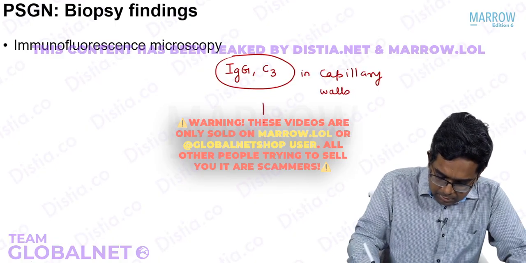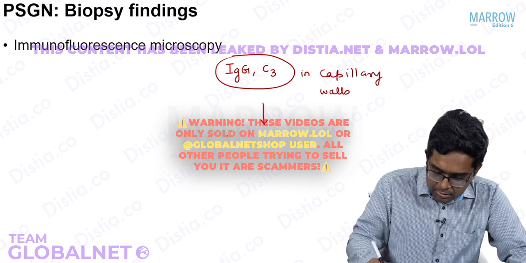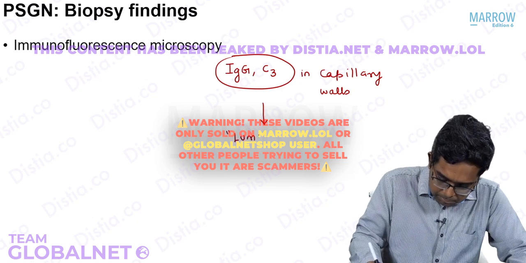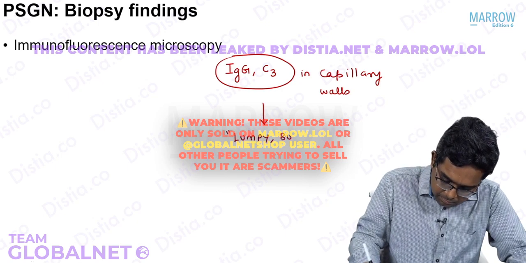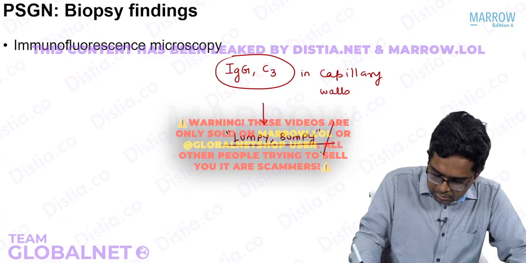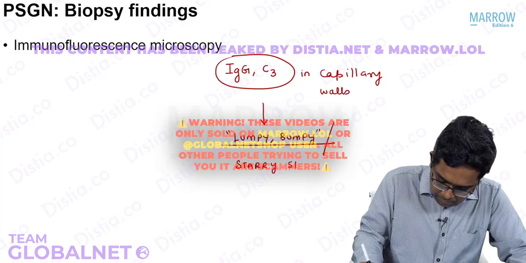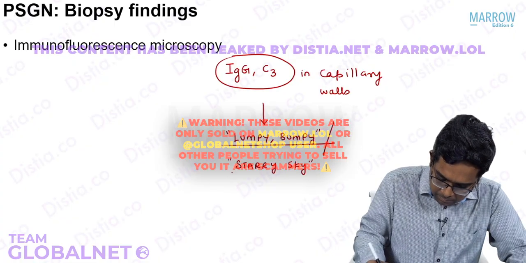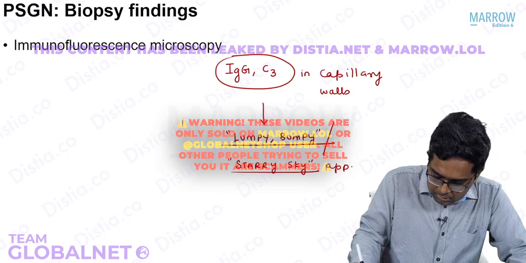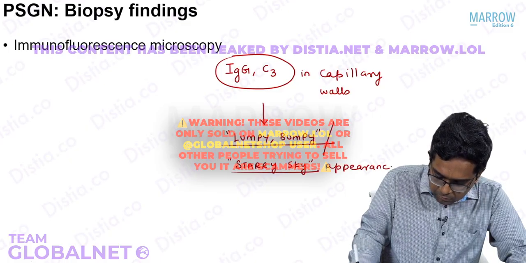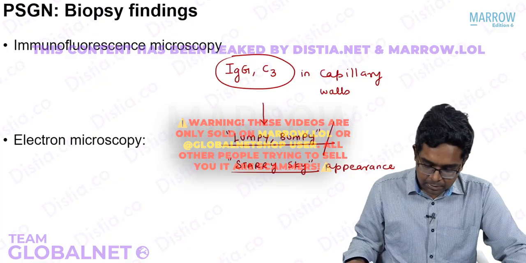Okay, and this gives rise to an appearance called the lumpy, bumpy appearance, or it is also called starry sky appearance. This is the usual finding in case of immunofluorescence microscopy.